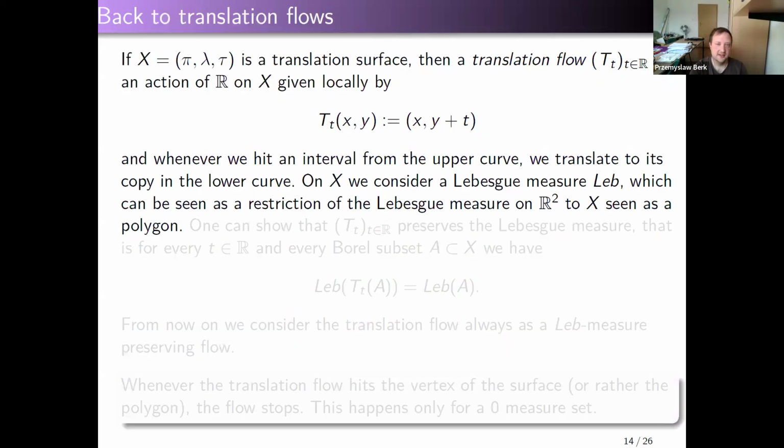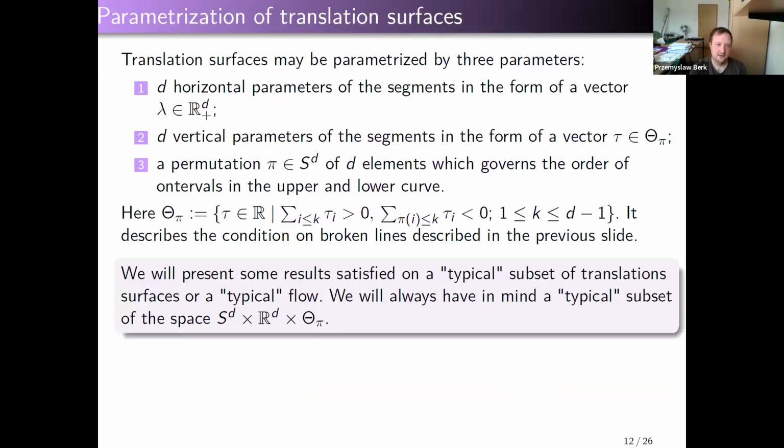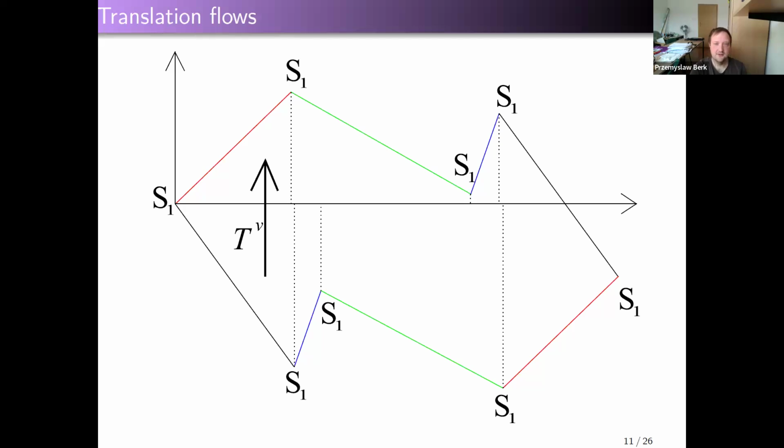Let me see if I have a picture. Okay, I don't have a picture, but assume it's going to go along the x-axis. In my picture, I have a little bit of a copy that goes through the black part and goes back to the black part. We consider this interval, and instead of considering a flow, we just focus on the points on this interval, and we see when they go back to this interval.